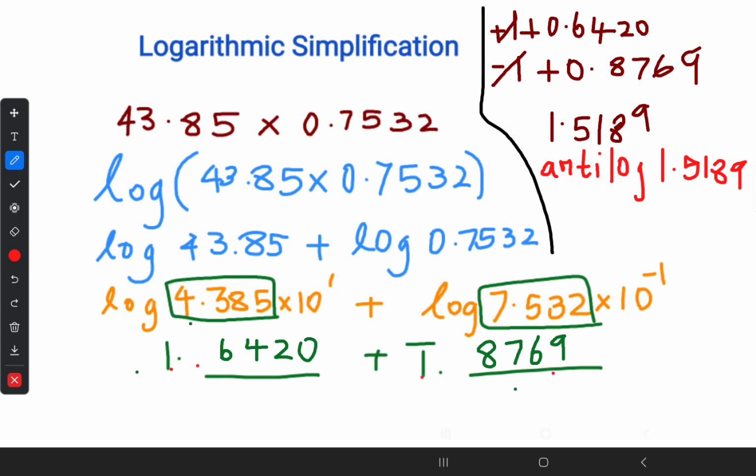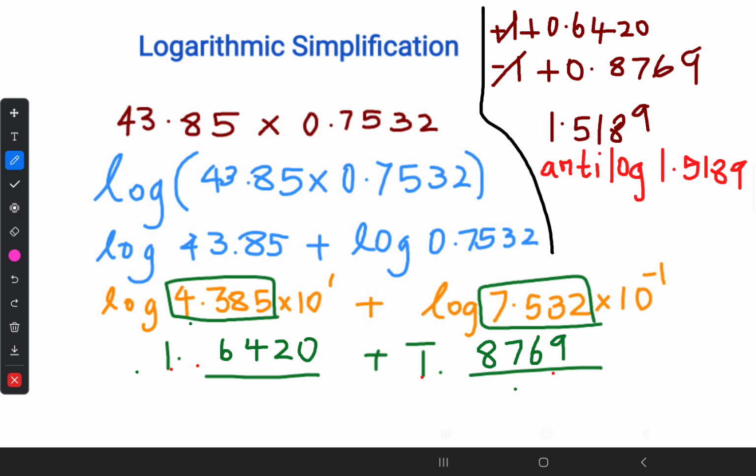We found the answer as 1.5189. But in the question, there is no log. We just introduced log to make our job easier. So here again, you should terminate log from this whole function. That's why we are denoting the antilog of this value we found.